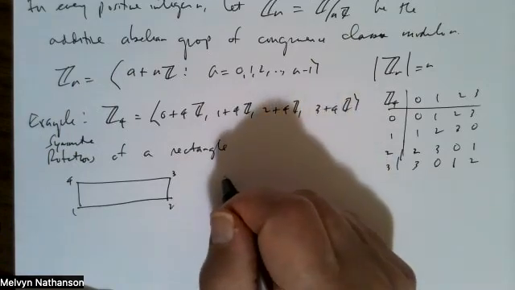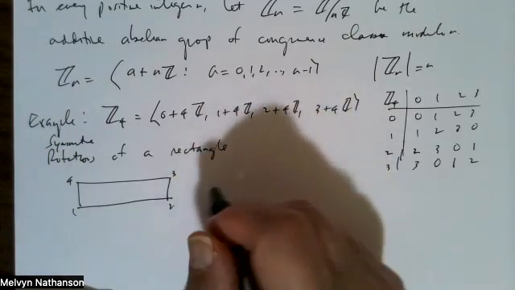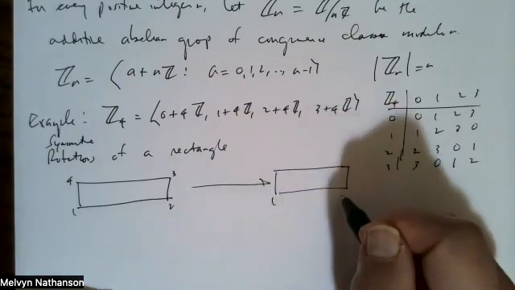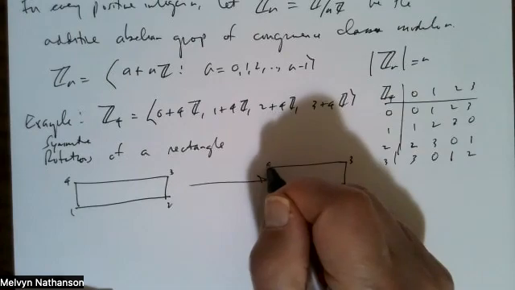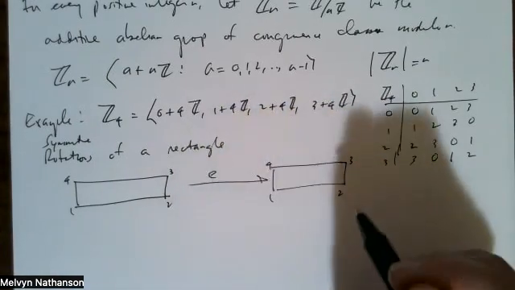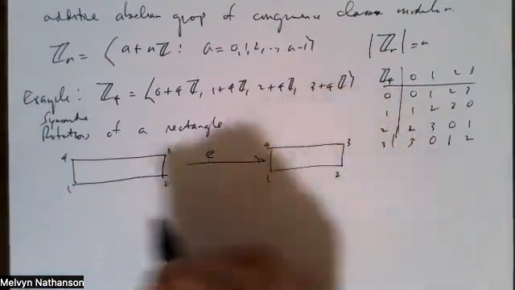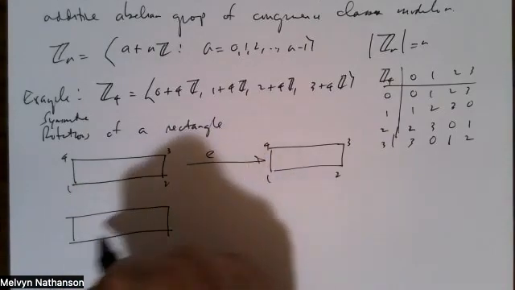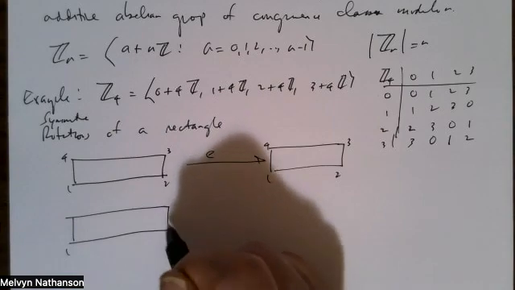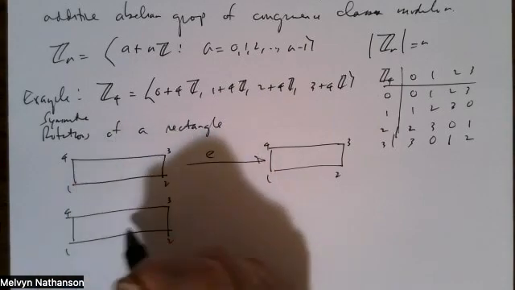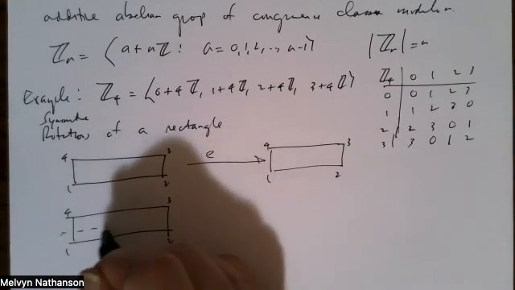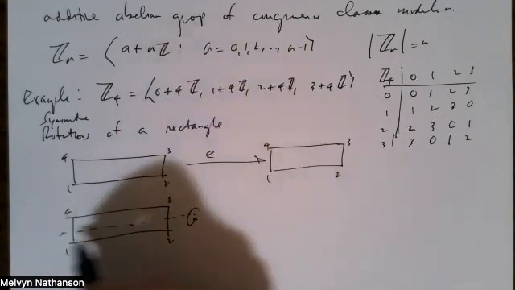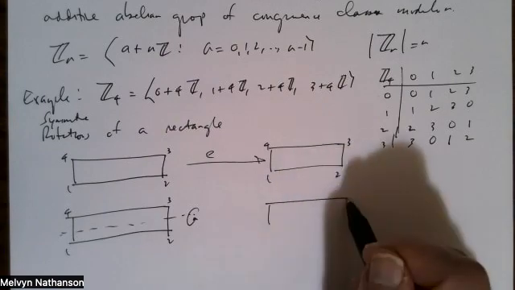So I can take this rectangle and, of course, I can always do nothing to it. So don't flip it, don't move it, or change it by 0. So I'll call that the identity rotation. I could take this rectangle and rotate it around this horizontal axis.